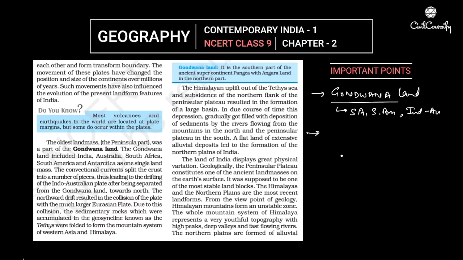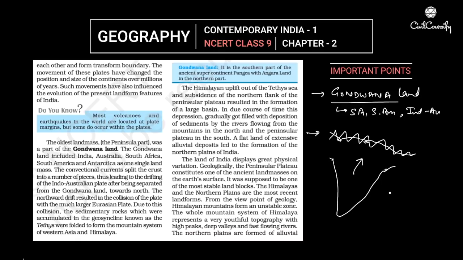So what happened was that this is the Eurasian plate, and this was the Indian peninsula. It moved towards the Eurasian plate and struck it, and then the Himalayas were uplifted. So these were the Himalayas which formed later.